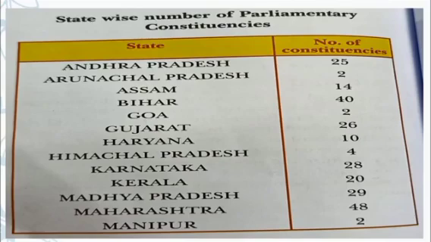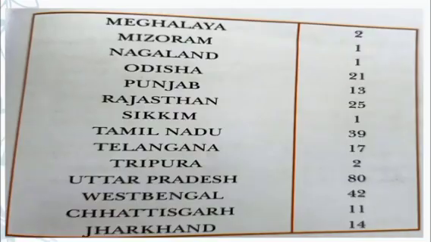Then in Maharashtra, there are 48. Then in Manipur there are 2, in Meghalaya 2, in Mizoram 1, and in Nagaland 1.